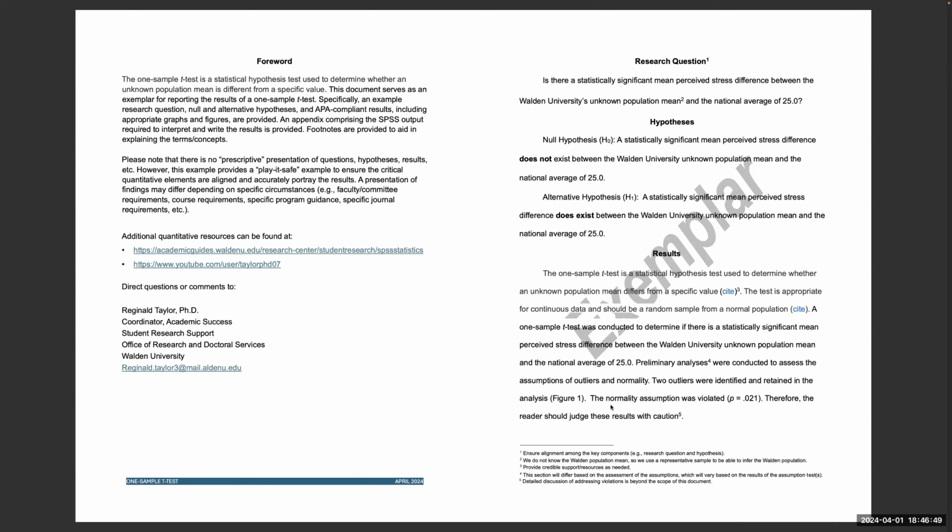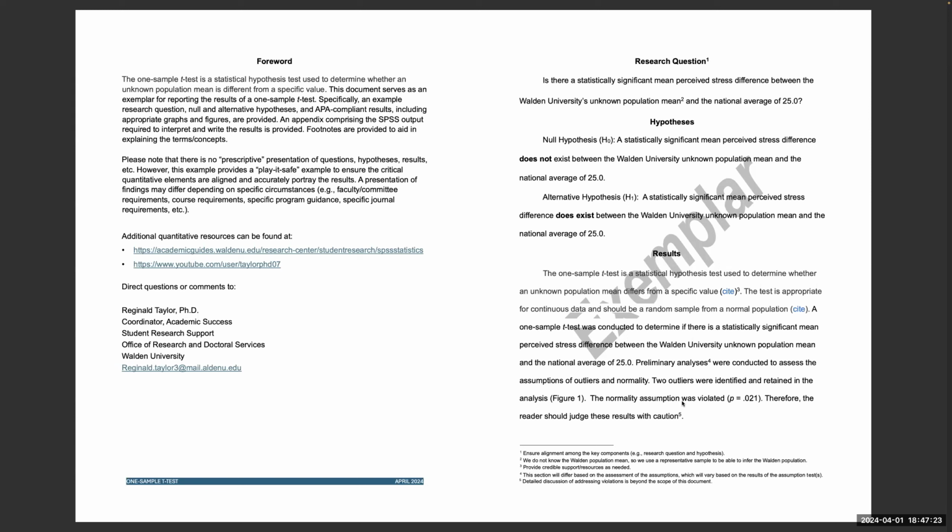And then we say the normality assumption was violated, okay? And we put the p-value from a Shapiro-Wilk test. In this case, just for training purposes, I'm saying the reader should judge these results with caution. Perhaps in real life, I would remove those two outliers and rerun the analysis, and it may even fix the normality assumption issue. But again, just to get the idea, that's kind of how it works.